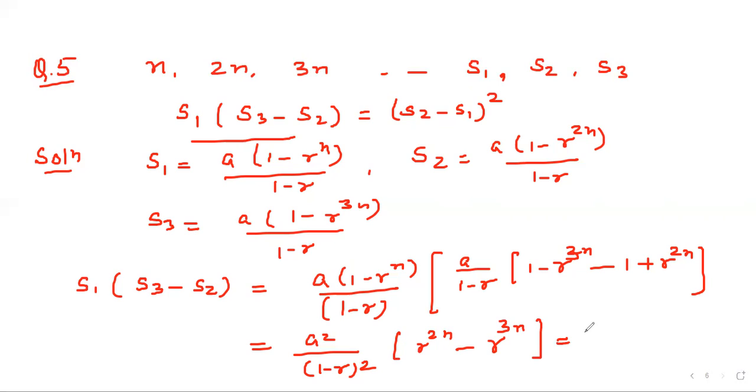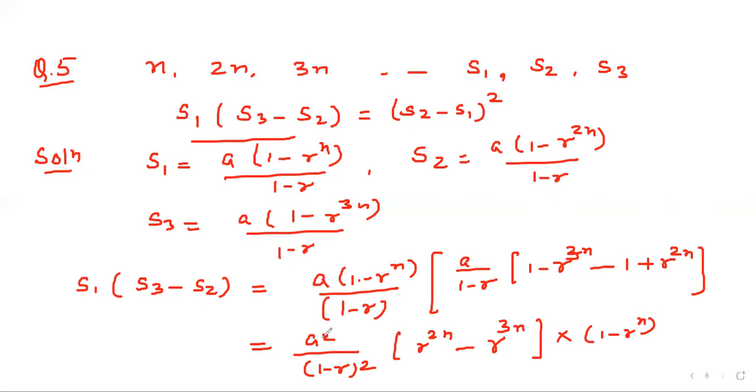It will become, here one more term is left, 1 minus r power n. So let's write it first into 1 minus r power n.